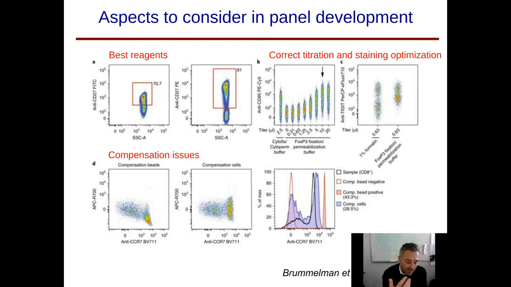Sometimes the procedure you use to prepare your reagents can actually change the performance of the staining. On the top right you see a difference not in the positive signal, in this case of an antibody, but in the background, which increases very much when you use a FOXP3 fixation procedure.